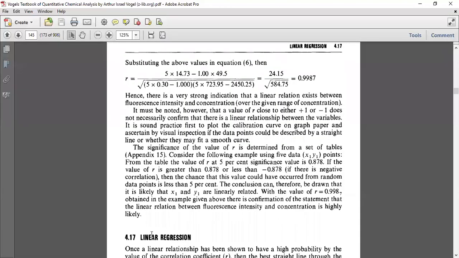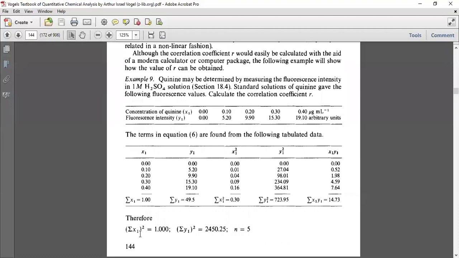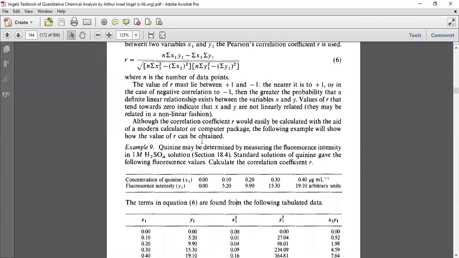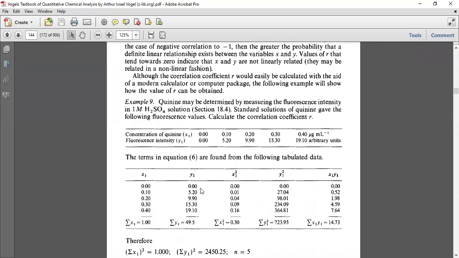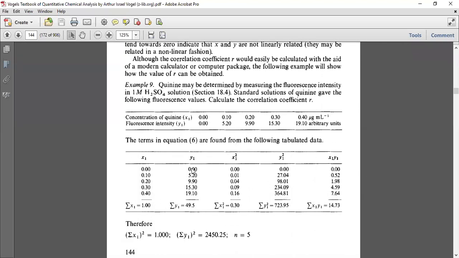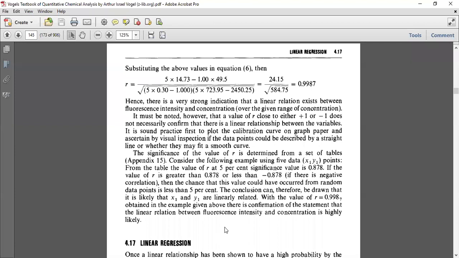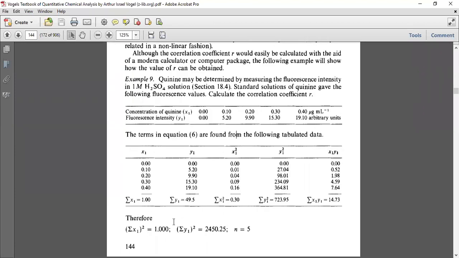Again we have calculated summation of x1 square, summation of y1 square, and n is equal to 5. Why have we done this? Because we have to substitute all these things in the given formula for the r value. That's why we did this exercise. We made it in tabular form with all the key indicators, and once you got all the values, you substituted them in the given formula.